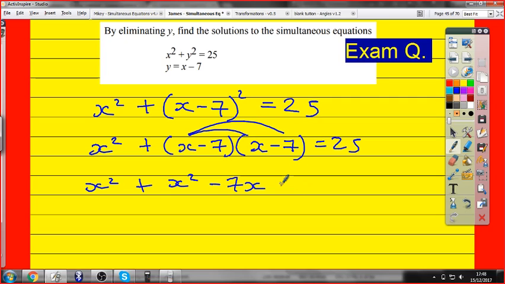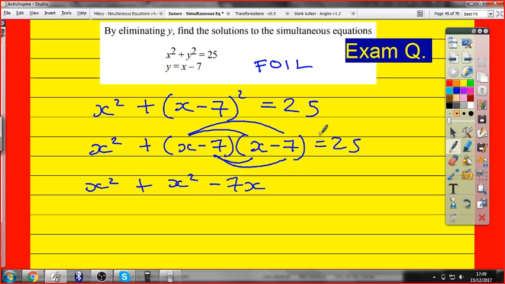So equals 25. So you have to do 2 more things. Do you use FOIL when you expand brackets? I don't know how to use FOIL. So it's basically multiply the first two, multiply the outside two, multiply the inside two, and then multiply the last two. So what would you get when you multiply the inside two?